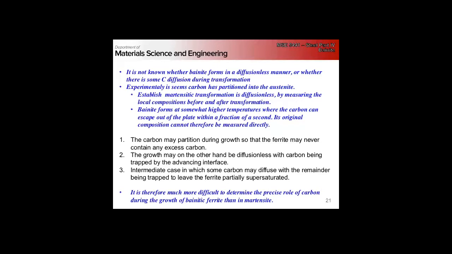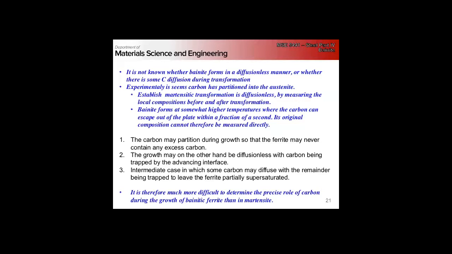Bainite forms at a bit of a higher temperature, enough that the diffusivity of carbon is still very, very quick, right? And the plates are very small, so the diffusion lengths are not that long. We're sort of thinking on a micron length scale, and carbon's interstitial, and we're at a high enough temperature that it takes less than a second for carbon to hop out of the bainite sublath.